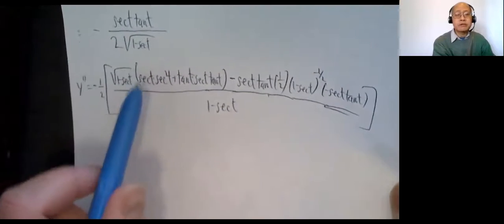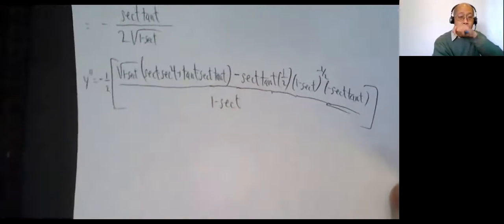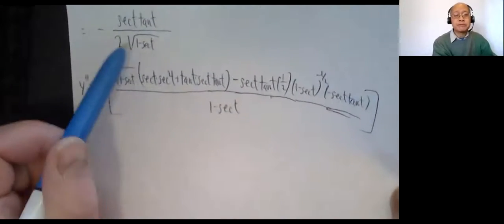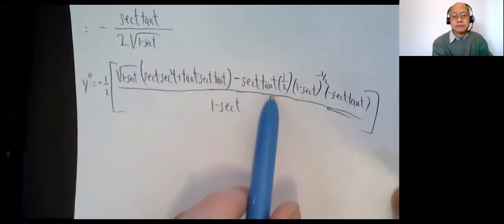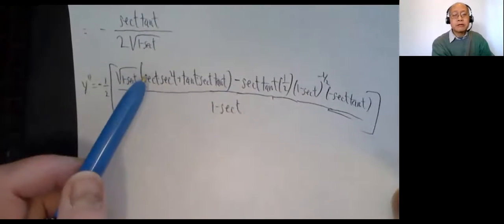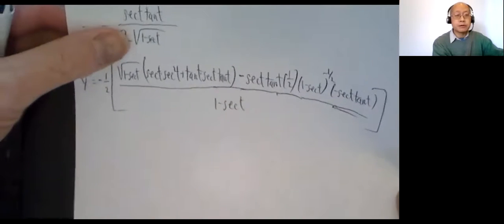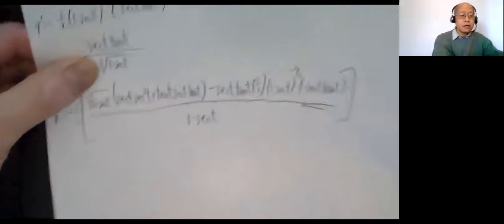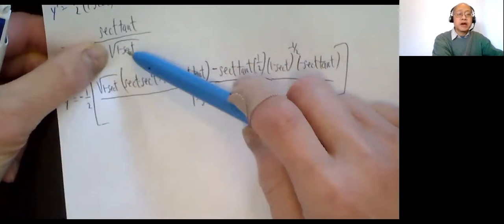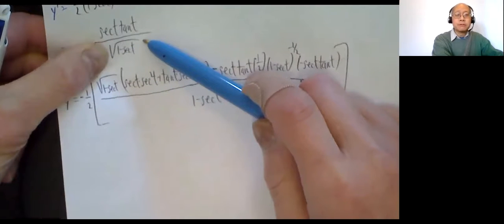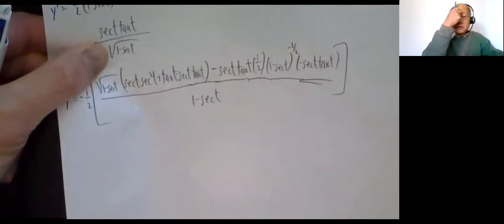Okay, what did I just do? That was bottom times derivative of top, minus the top. There's the top. Times the derivative of the bottom. Remember that 2 is out of the picture. So now when I differentiate the bottom, it's 1 minus secant t to the half. Whose derivative?